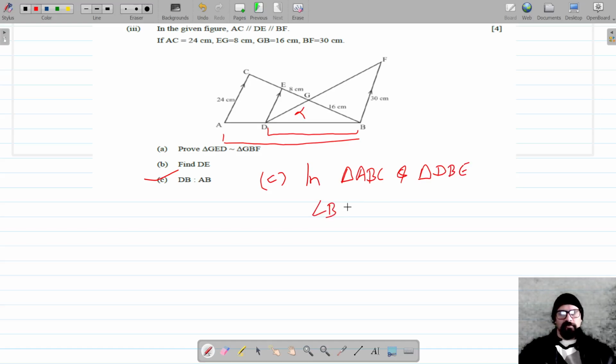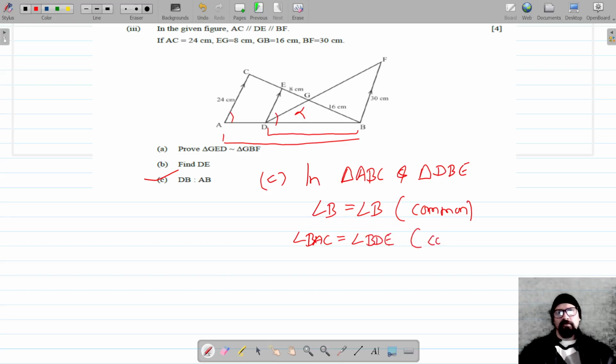In these two triangles, angle B and angle B are overlapping, so these are common. And then angle BAC is equal to angle BDE, because these are corresponding angles.